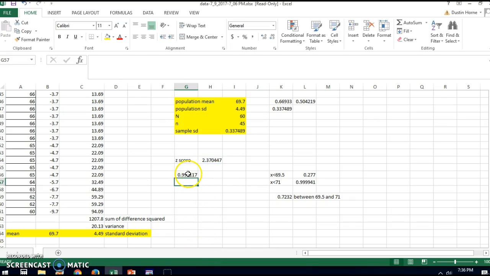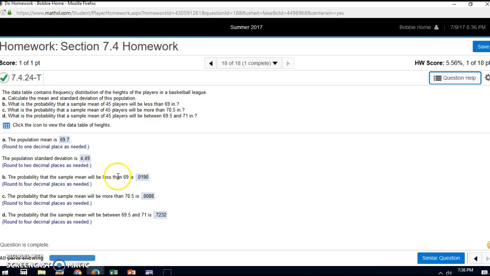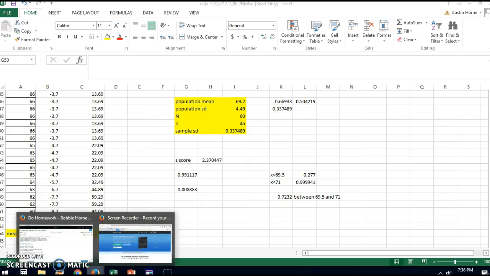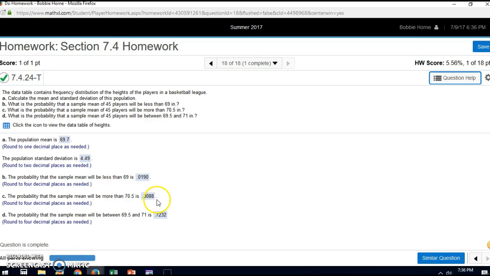So the probability, we want to know what it is greater than. This number tells me what it would be if it were less than. So what we want to do is, we know the whole is 1, and we want what's above, the probability above this. So when we're doing more than, you do 1 minus this number, and we get 0.0088, which is what I got.